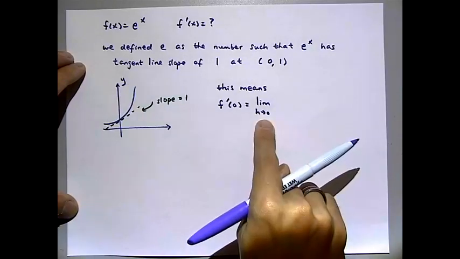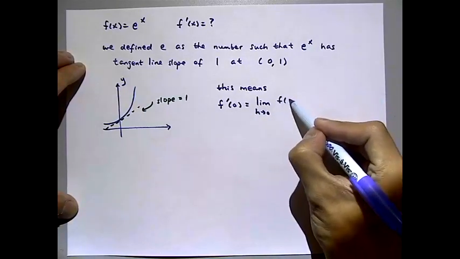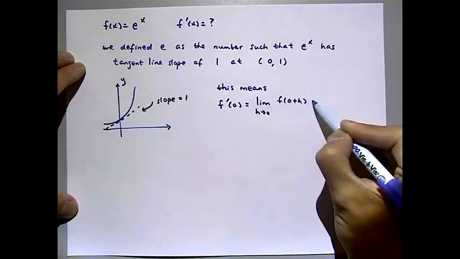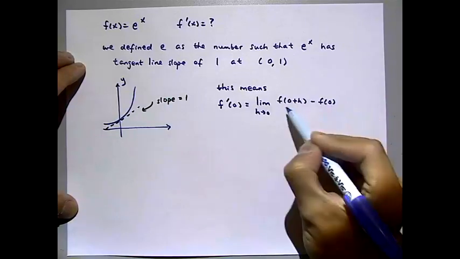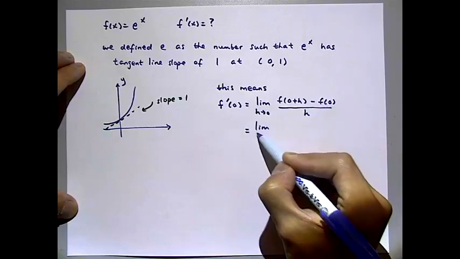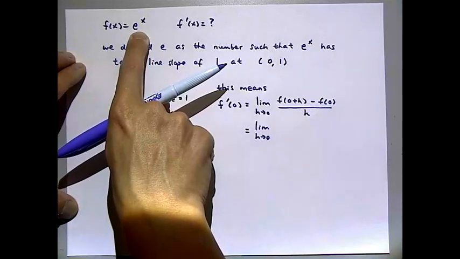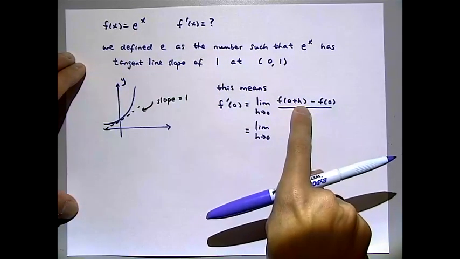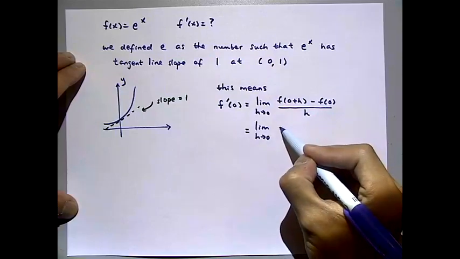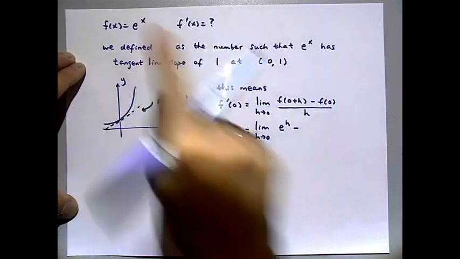So remember, using the limit form, we can say this is equal to the limit of f of 0 plus h minus f of 0 over h, right? f of x is e to the x, so e raised to the power of 0 plus h is e to the h. e raised to the power of 0 is 1.